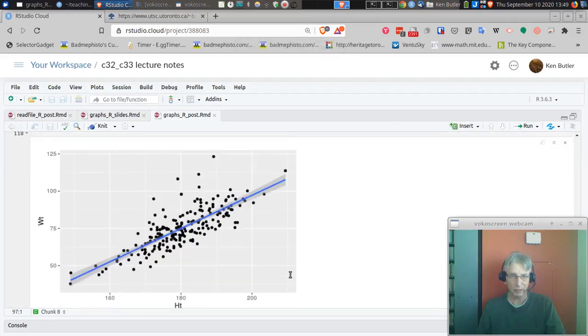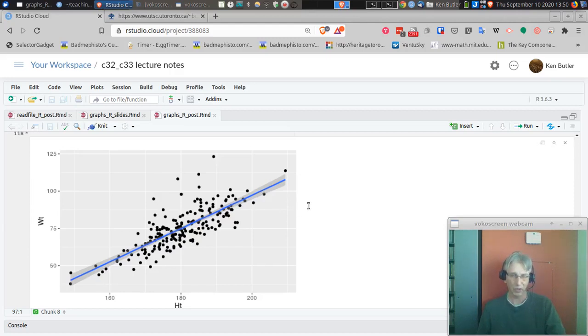If you think this relationship is reasonably straight, which it looks as if it is, apart from these guys, then it makes sense to put a regression line on there and say, well look, height does appear to go up with weight according to this relationship. So that seems to make some kind of sense. The grey envelope, which is quite small here, is a measure of uncertainty. If you've done regression, you've done confidence intervals for the mean response. That's what this is.